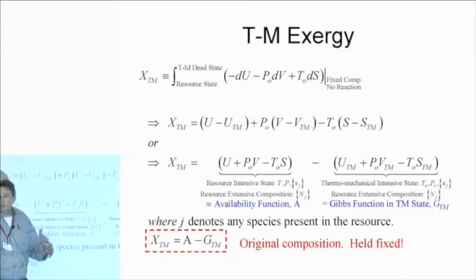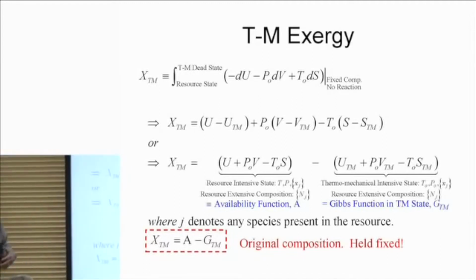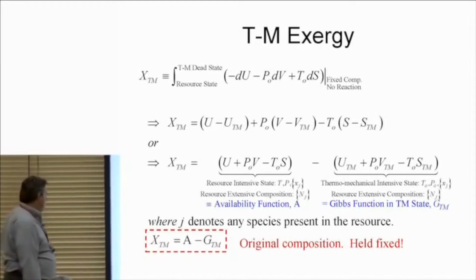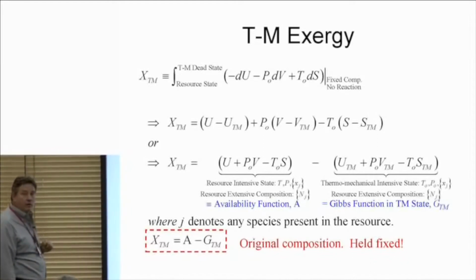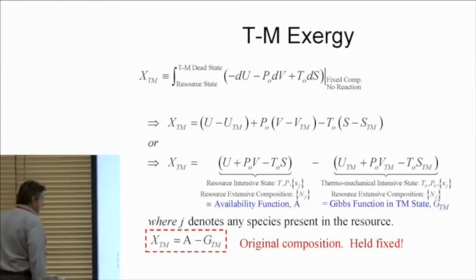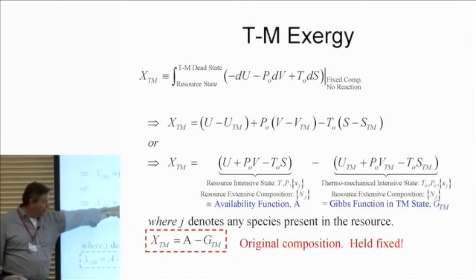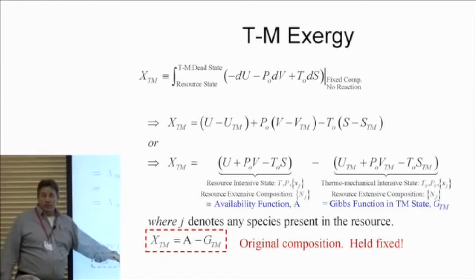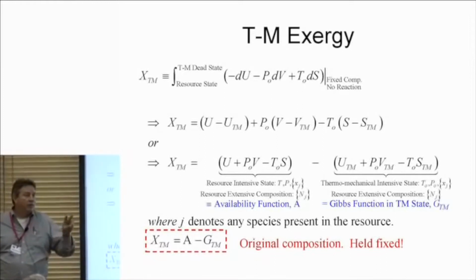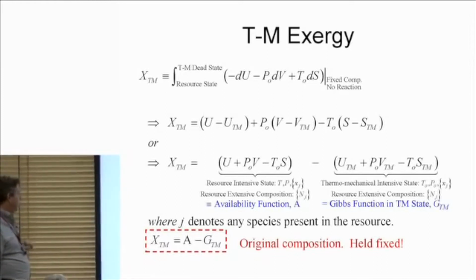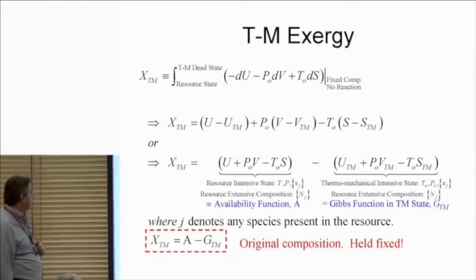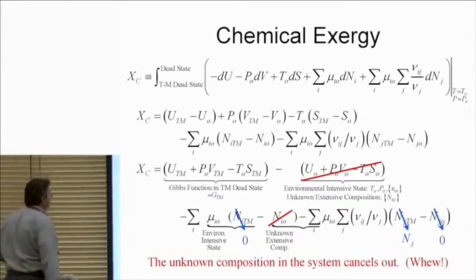It's the Gibbs function of the resource, but at the temperature and pressure of the environment. So we might as well just call it that. Okay, is that right? Okay, so X_TM is just this A function, that minus the Gibbs function of the resource at thermomechanical temperature and pressure of the environment. Original composition held fixed. Okay, here's the trickier part.